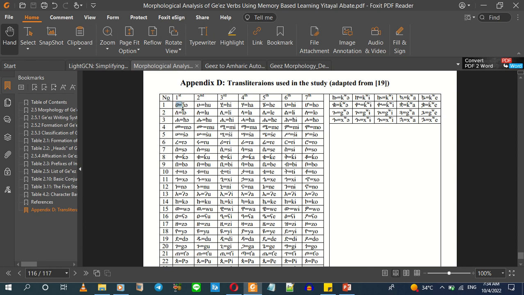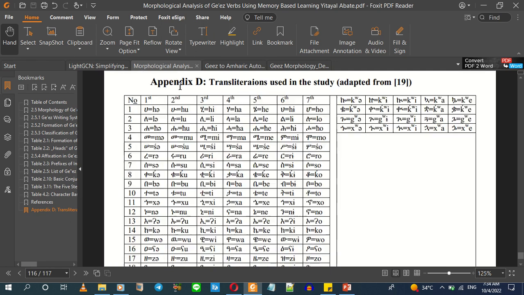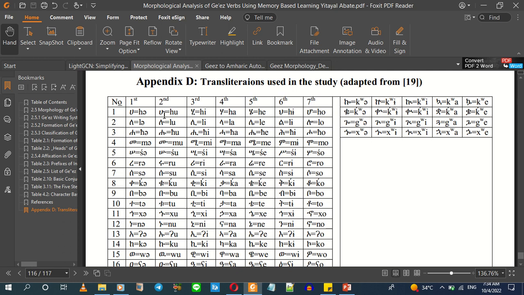This character is ha. In the second order it is hu, then hi, ha, he, h, ho, like that. And this letter represents the sound la: lu, li, la, le, lo.